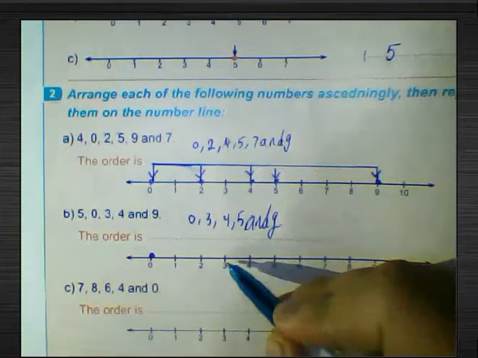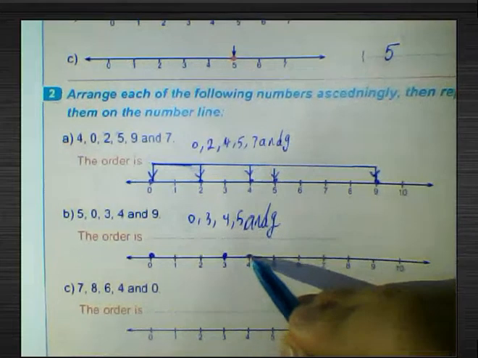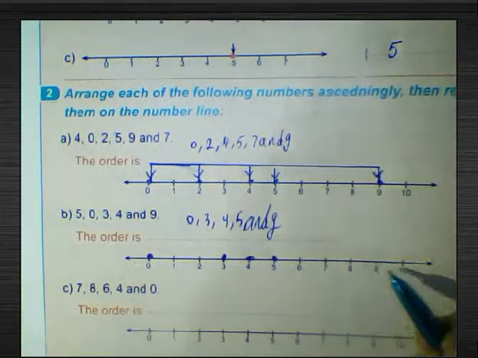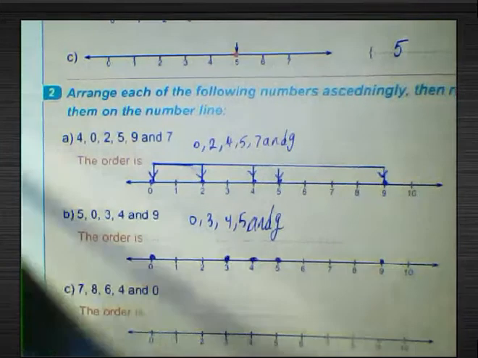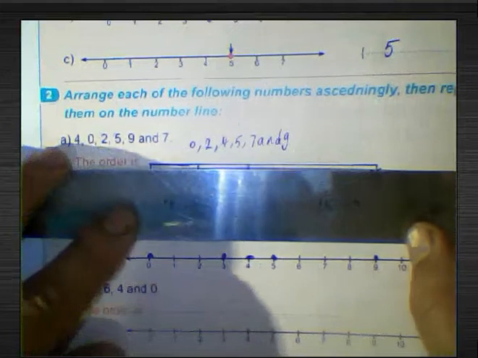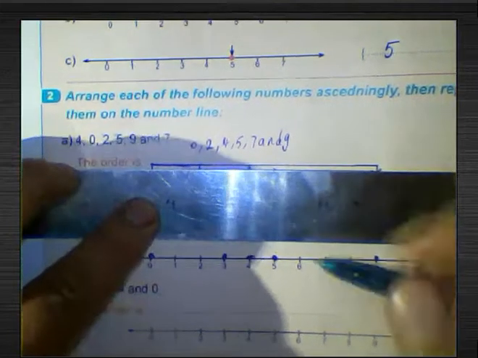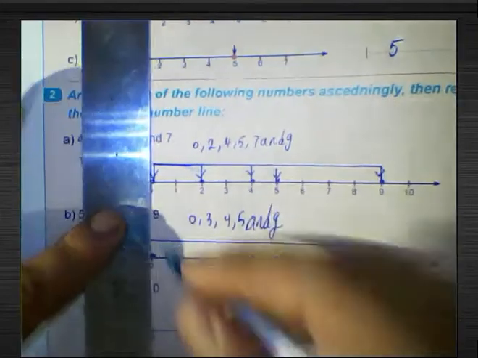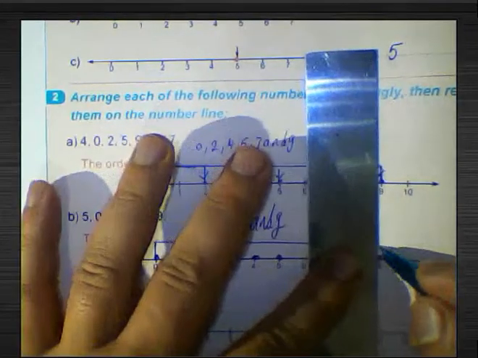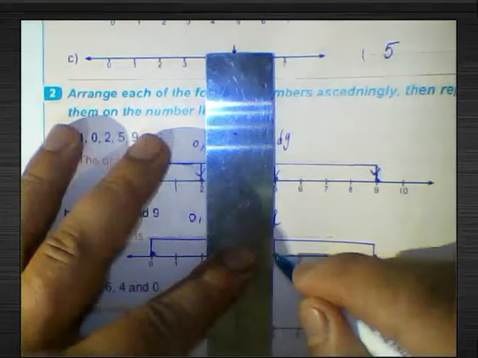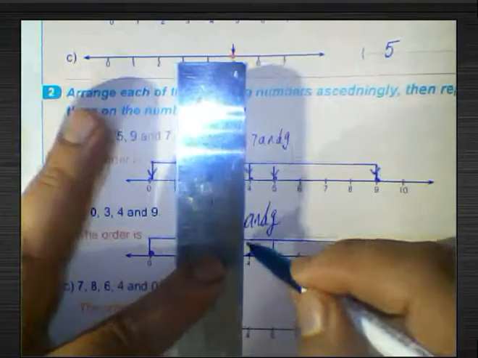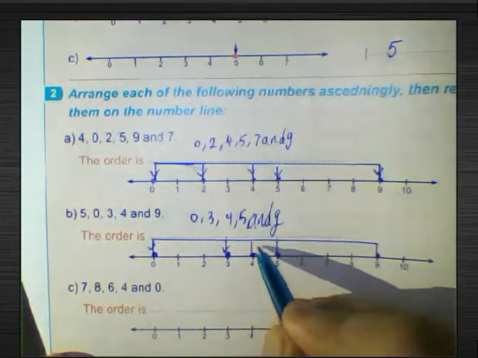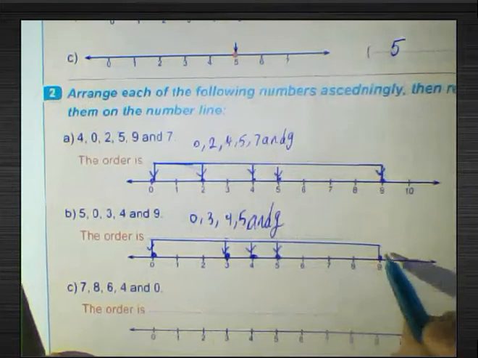0, 3, 4, and 5, 9. And then draw with your ruler a straight line parallel to the limited points from 0 to 9, and then drop a small line segment and draw the ray to the point.